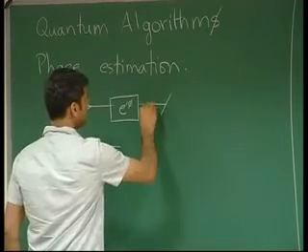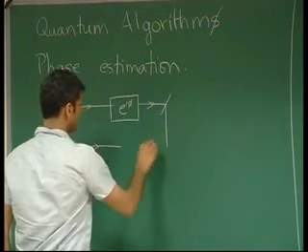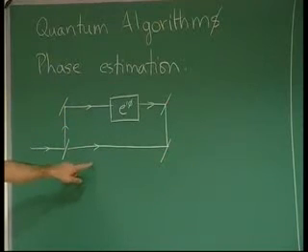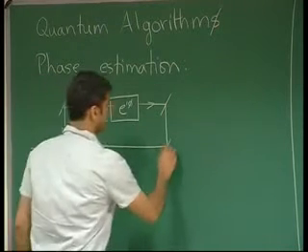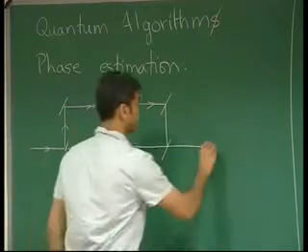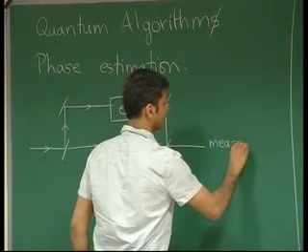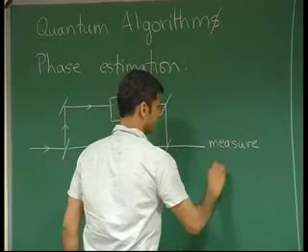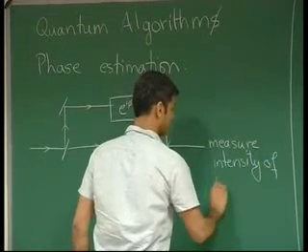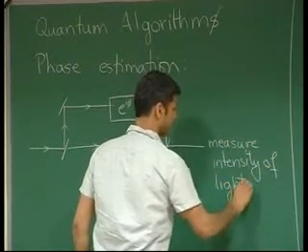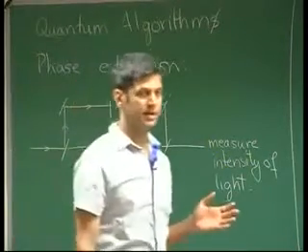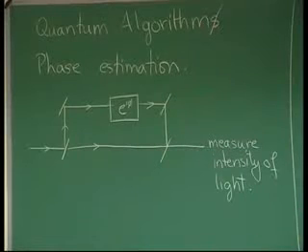And what we do next is basically recombine it with the light that's coming in the other path and observe what the intensity of light is here. The intensity of light here contains all the information you need to know about the phase that was introduced.